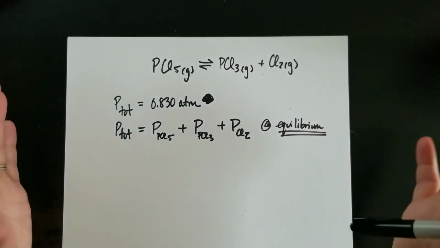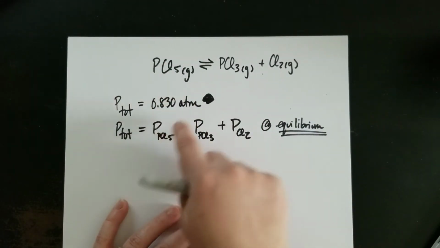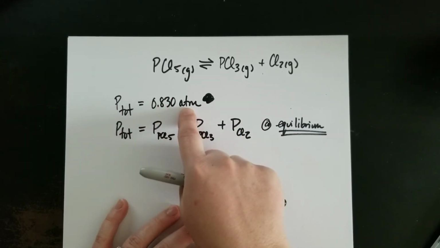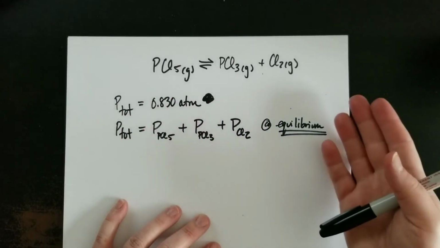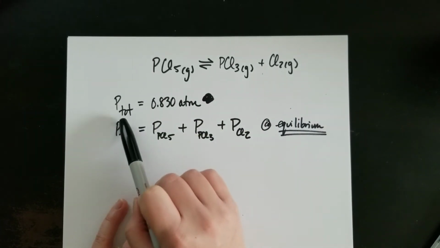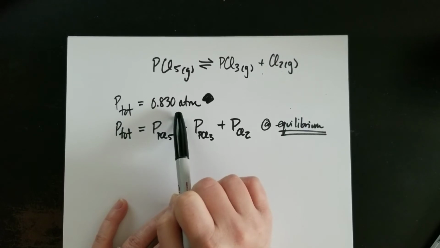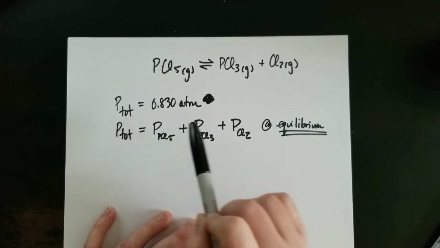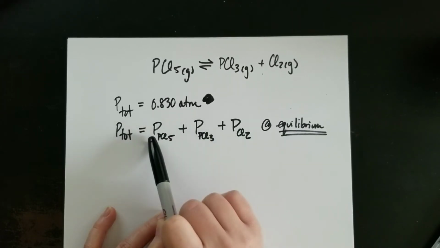And then once you get those expressions in terms of X, you can plug them into these partial pressure terms and set it all equal to 0.830 atmospheres and then solve for X. So this one's a little different in that you have to use a total pressure at equilibrium to figure out, using the ice tables, what X is in each one of these individual partial pressure terms.